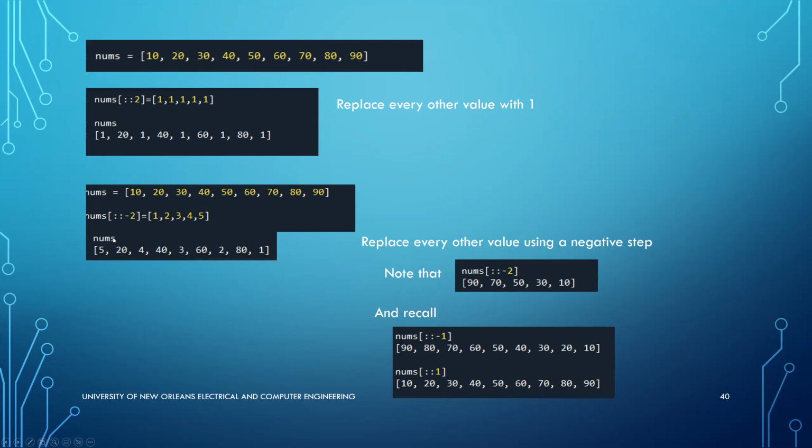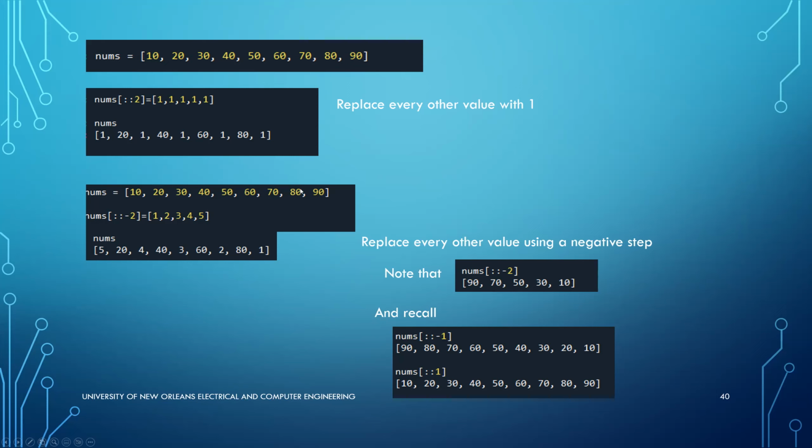So I'm going to replace 10 by 5. 20 remains the same because I'm skipping every other one. Then 30 is replaced by 4. I'm going to keep 40. 50 is replaced by 3. I'm going to keep 60. 70 is replaced by 2.